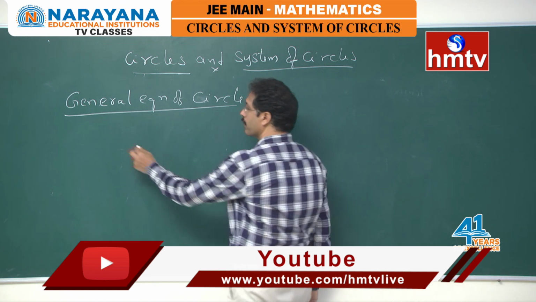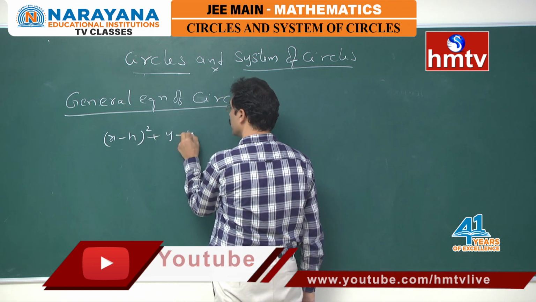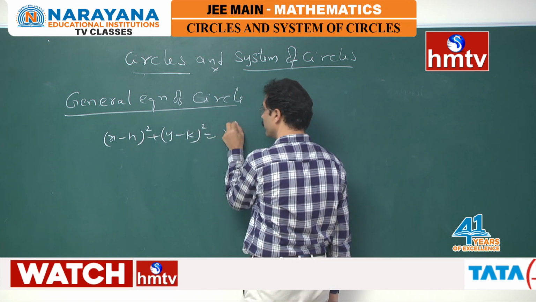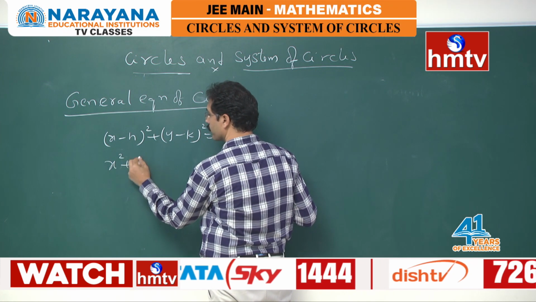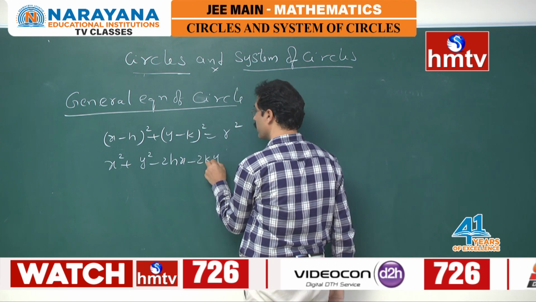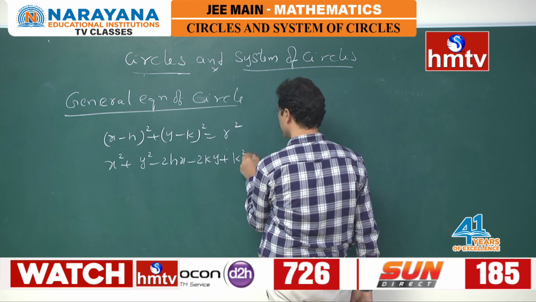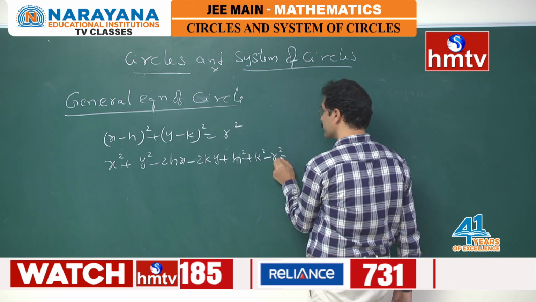Here, our (x minus h) whole square plus (y minus k) whole square is equal to r square is our central form. Now on expanding this, we get x square plus y square minus 2hx minus 2ky plus h square plus k square minus r square is equal to 0.